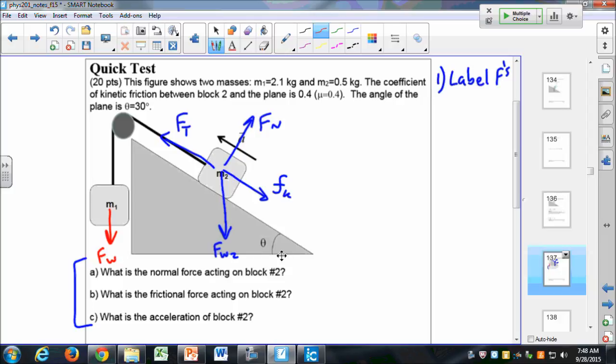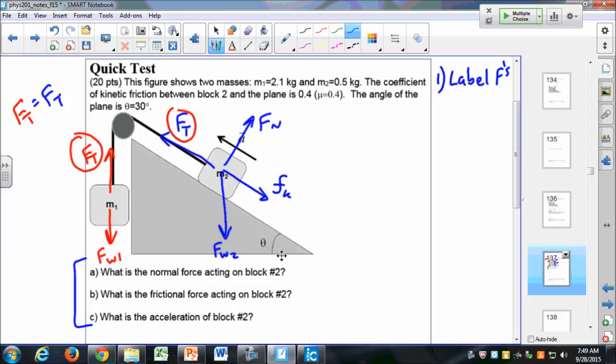I just have Fw1 and then Ft. I need to recognize too that this tension is equal to this tension. So this Ft on the left-hand side is equal to the Ft in that block, because it's a rope, and whenever you apply a tension in a rope, that tension is felt throughout the rope. So those tensions are the same.